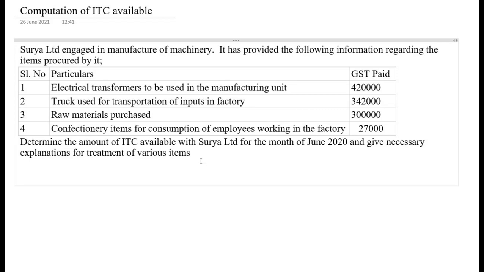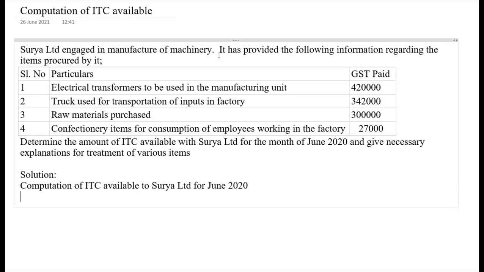Now let's go for finding the solution. Computation of ITC available to Surya Limited for June 2020. Let me insert the table here.